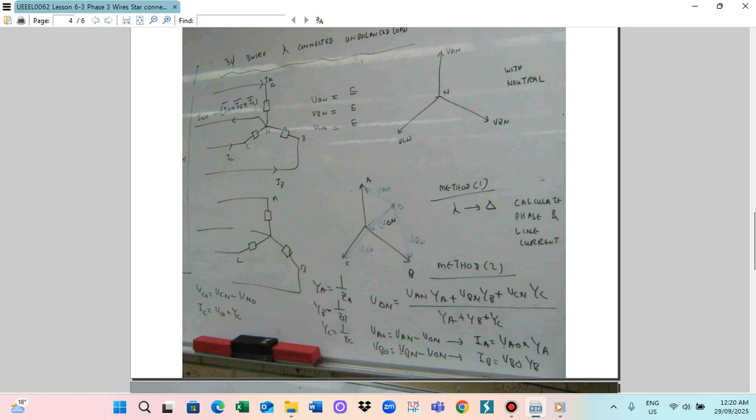And you also have to use method 2. Method 2 is that we have to find the VNO. We have to find the VNO. So VNO we find by the formula. So this is the formula to find the VNO.